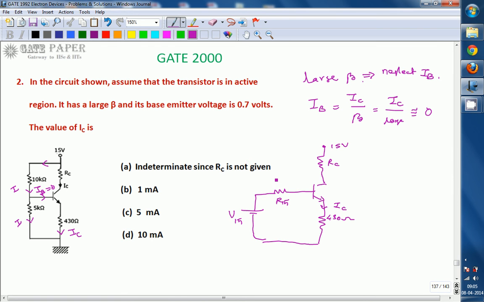Now this is the base current, so IB is equal to 0, as given. The RTH value can be calculated as R1 parallel R2, which is 10 parallel 5, that is 50 by 15, so something around 3.3.